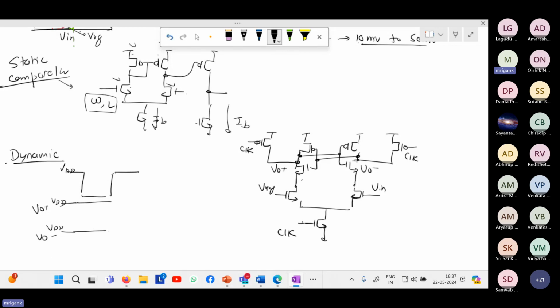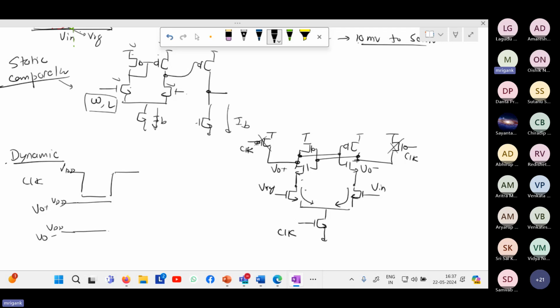In this entire duration, it will remain VDD. Now, when the clock turns high, these two transistors turn off, so you can forget about these two. And the lower transistor has turned on. Therefore, now it will start sinking current. Which branch will have more current? It depends upon which one is bigger, whether Vin is bigger or Vref is bigger.